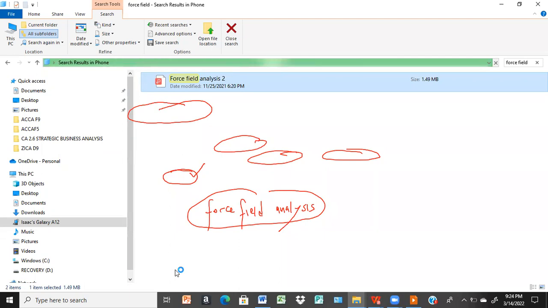So the force field analysis says we must identify these sets of forces and try to match them, as it were. What you want to do is counter the resisting forces or restraining forces. But before you can actually counter them, you need to identify them.